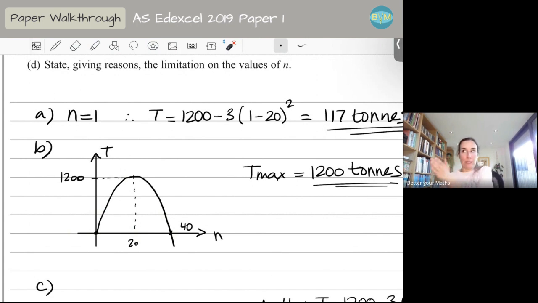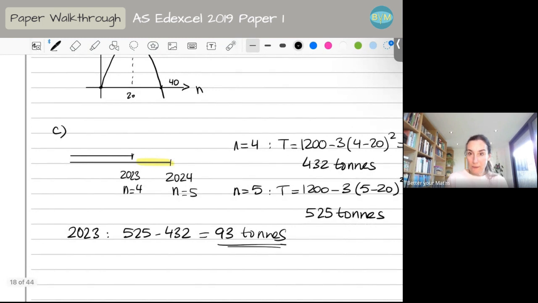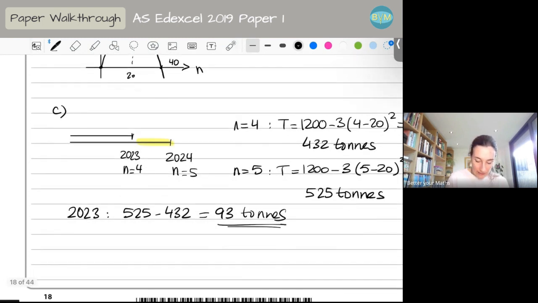So that cannot decrease. So your maximum is going to be n equals 20, because after the maximum, it would be decreasing, and it cannot be decreasing the amount that you have taken from the mine. Does it make sense? Yeah, I see some people, not everyone. Do you have questions? Do you want me to explain in a different way?